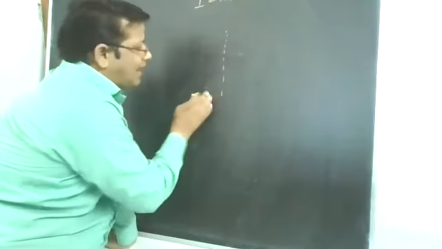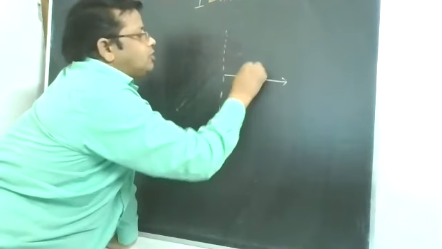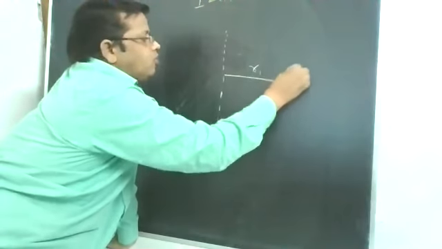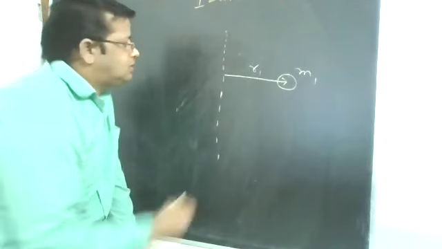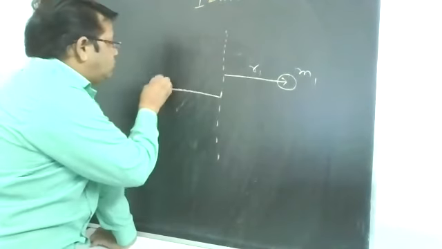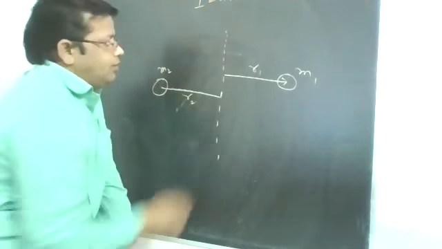This is the axis of rotation. Here there are two bodies. This is the first body whose mass is m1, this is the second body whose mass is m2, perpendicular distance is r.